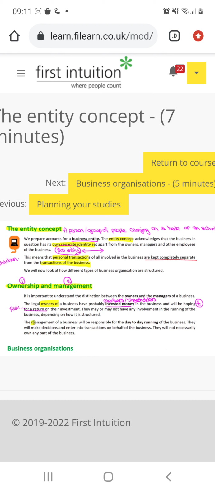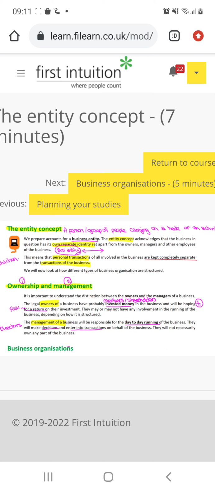On the other hand, we have the management of the business. So this will be the top management, also the directors of the business, and they are distinct from the owners. They're responsible for the day-to-day running of the business. They'll make decisions and they'll enter into transactions on behalf of the business.